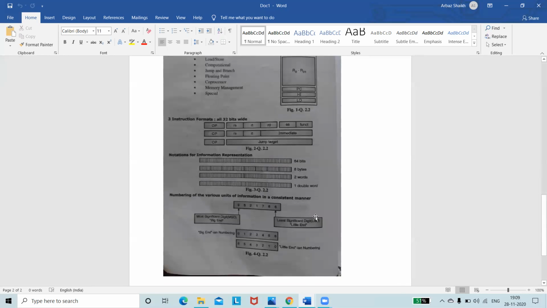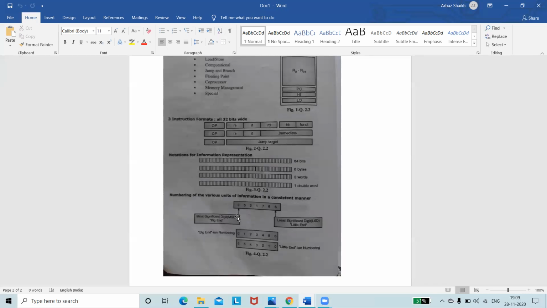information representation. Next, you can see the numbering of the various units of information. Here you can see the most significant digit, MSD, and the least significant digit, which we have seen in our previous lecture.